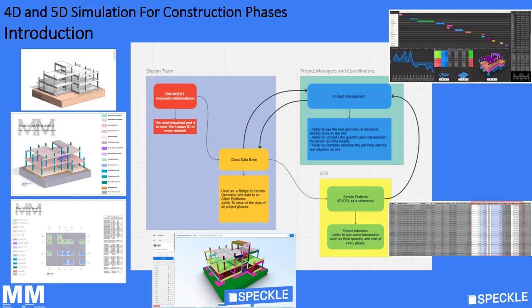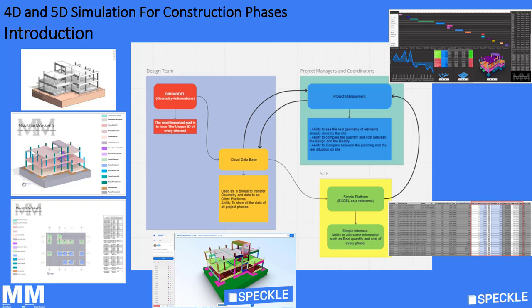Management team. The management team plays a crucial role in ensuring the project runs smoothly and stays on track. They monitor overall performance, verify that tasks are being completed as planned, and analyze the design against actual on-site quantities and costs.